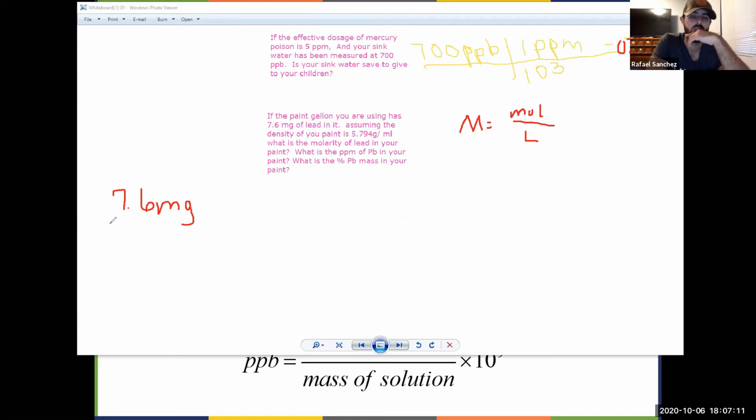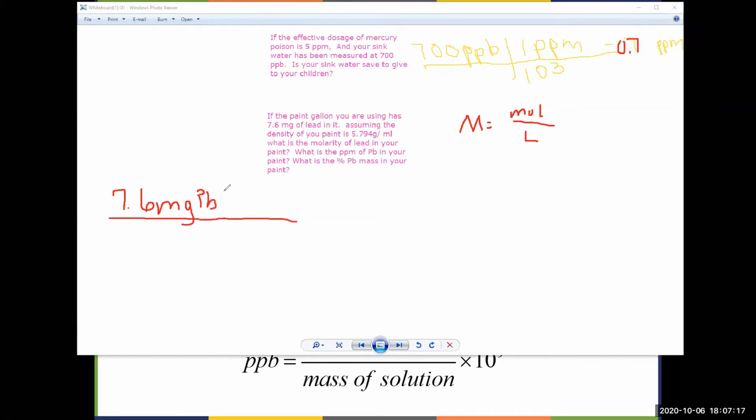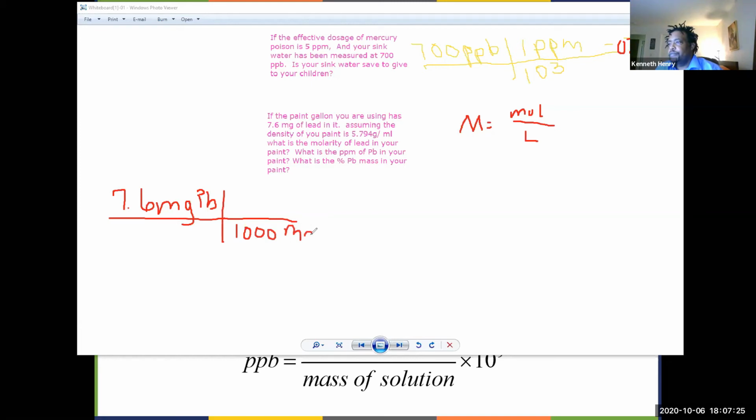Okay, so I want to go milligrams to grams. How do I do that? You divide by 1,000. Okay, 1,000 milligrams is 1 gram.